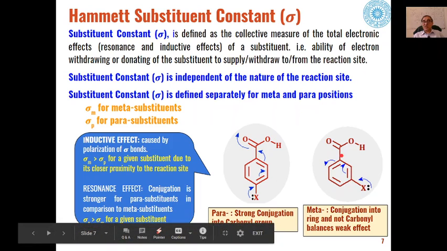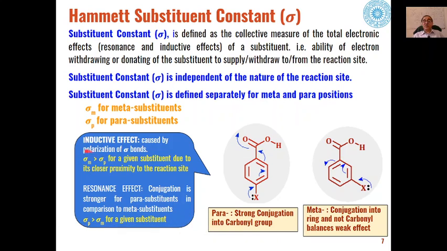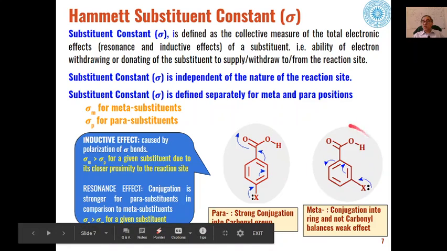That is why the value of sigma m is more than sigma p for a given substituent, because the meta position is in closer proximity to the reaction site than the para position.